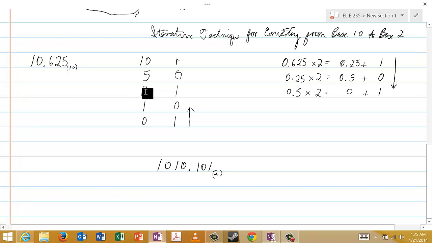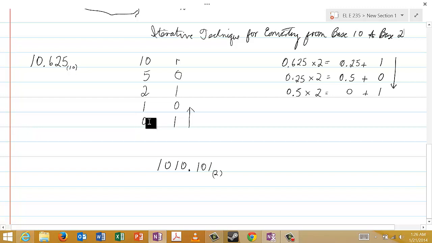Now when I divide this 2 by 2, I get 1 with a remainder of 0. And finally, when I divide 1 by 2, 2 won't go into 1 at all, so I get 0 with a remainder of 1. Now, this procedure stops when you get a 0 here in this column.